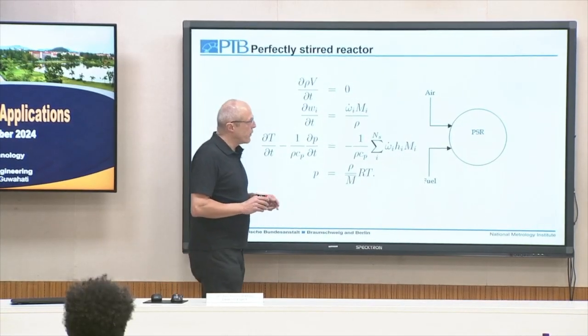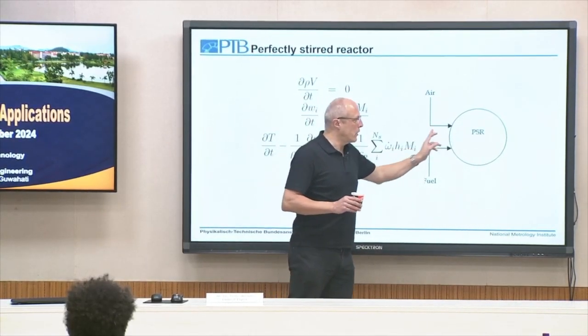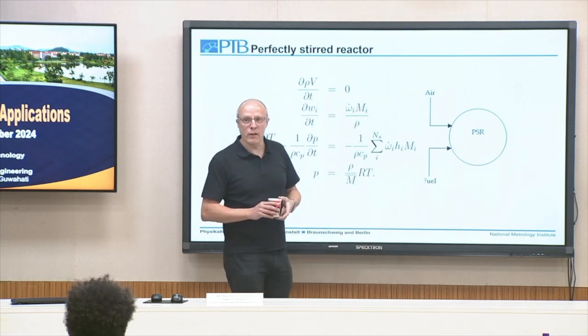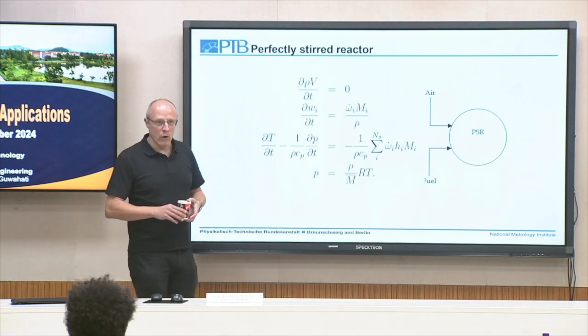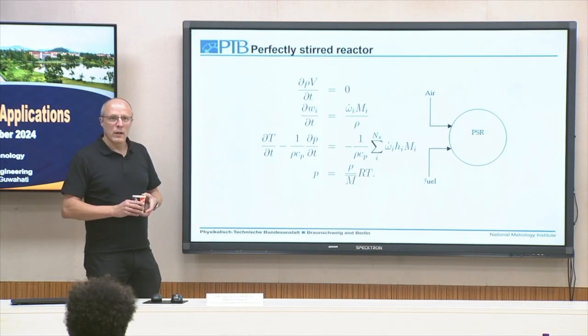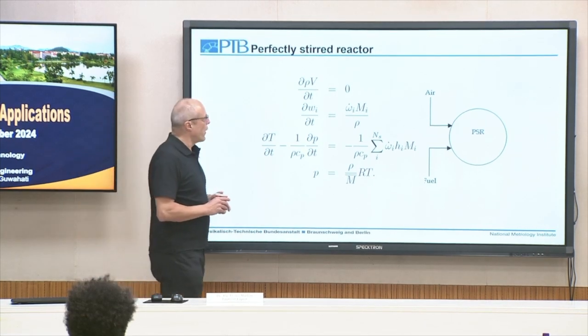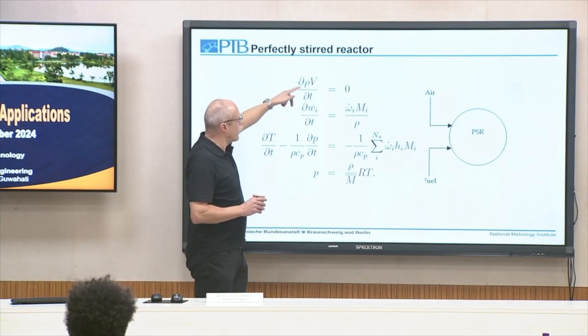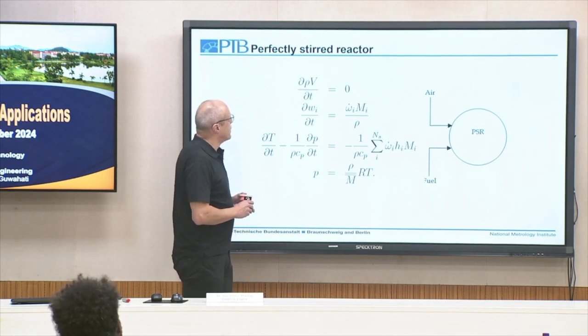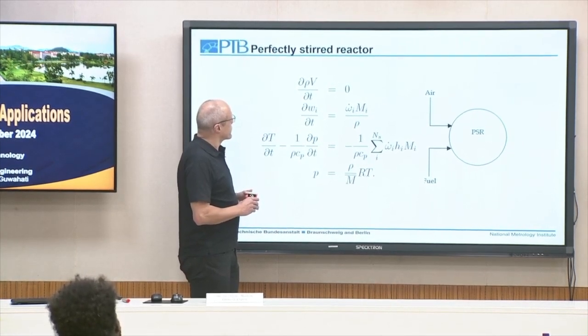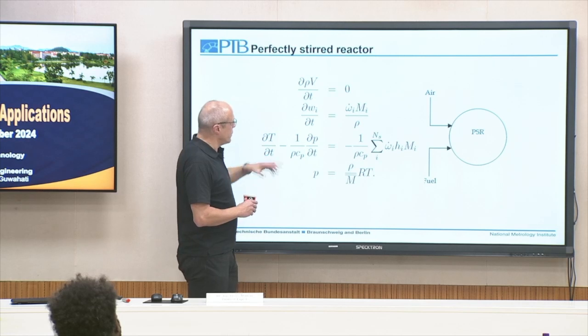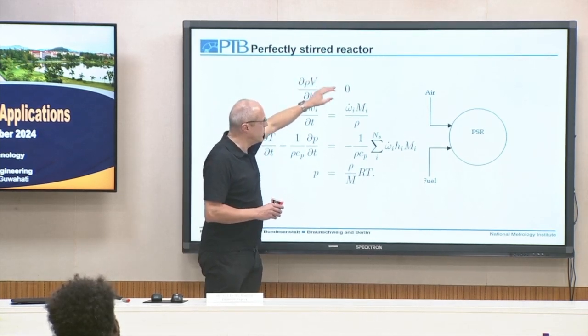So we have a homogeneous system, so there are no spatial dependencies of our quantities. So all these parts are zero. So finally, we just have to describe the dependency with respect to time. So here we assume that we have a constant volume.